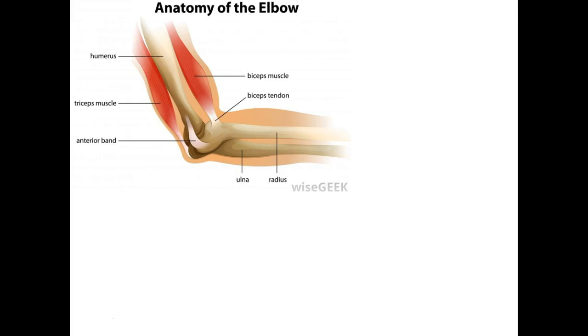Okay, and just like the human, you will see all of these features, including the biceps muscle. And I want you to look very carefully for the biceps tendon, which will be holding the bicep muscle to the radius. Okay, so you don't want to cut that tendon.